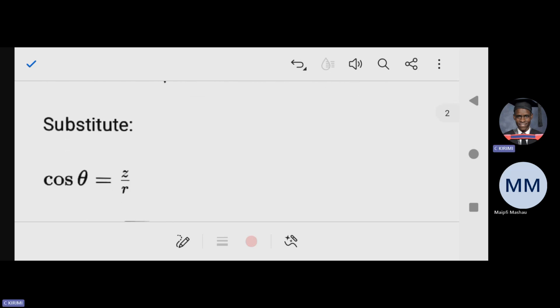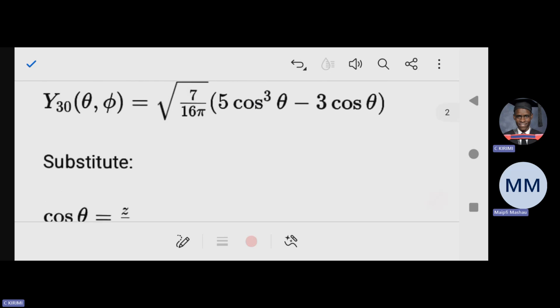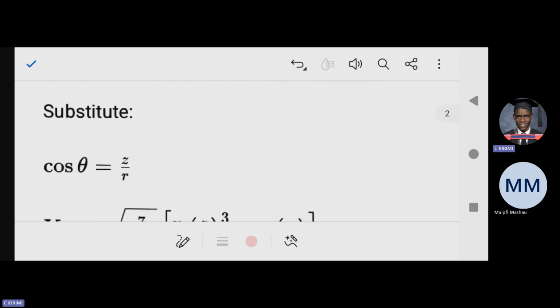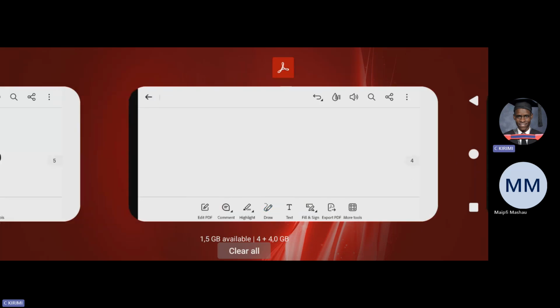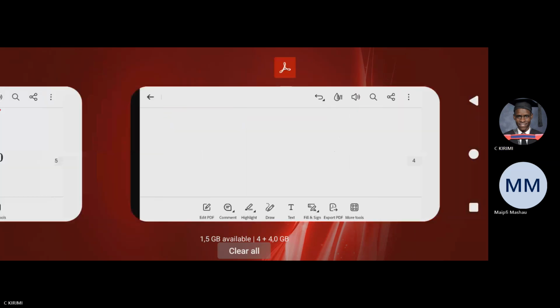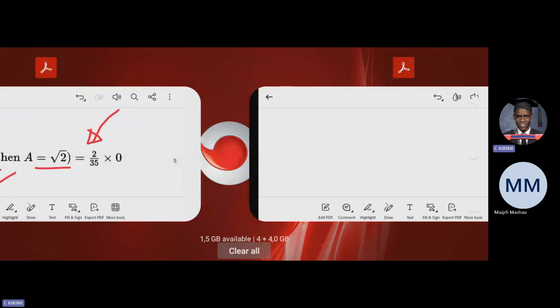So what do you do now? You substitute where there is cos theta. Wherever you see cos theta, you replace it with z over r, because we are getting it from the cylindrical coordinates which were given in the question paper here at the end.